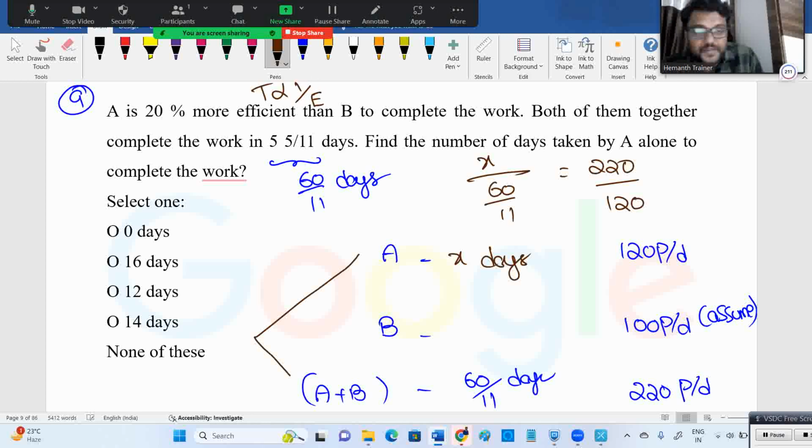So 60 by 11, 2 times 11 is 110. This 1 by 11 will go there. 110 into 1 by 11. So we get X value 10. 110 divided by 11 gives X value 10 days. This is 10 actually, not 0. It's 10.